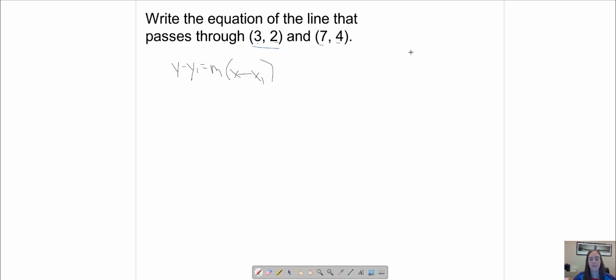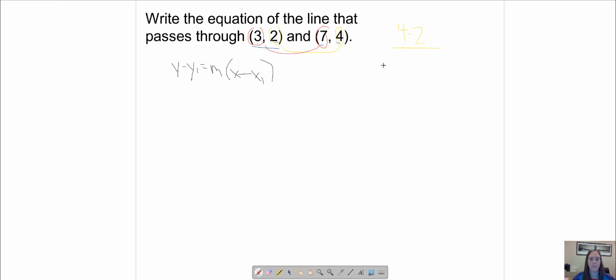Again, we need to find our slope. So I'm going to subtract my y's first. So I'm going to go 4 minus 2. That goes on the top. And then I'm going to subtract my x's, and you have to do it in the same direction.